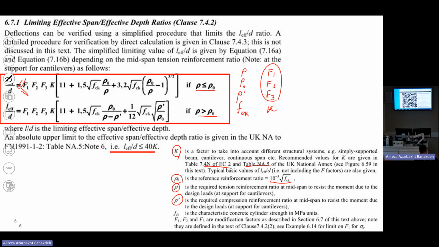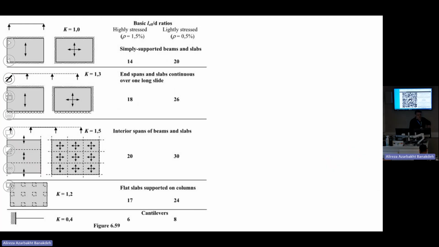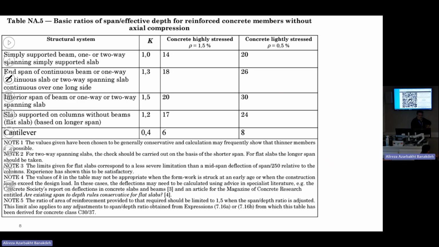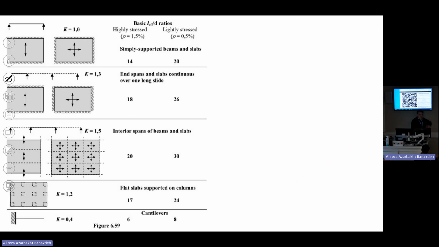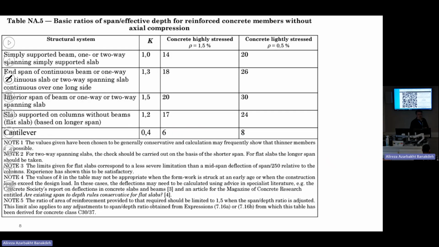All right? So in the next 2 slides, I've provided the K factor. This is coming from Eurocode. But when you go to the Eurocode, it says if you have the national annex, you should go to your national annex. The UK national annex gives a table like this. This is from the national annex.